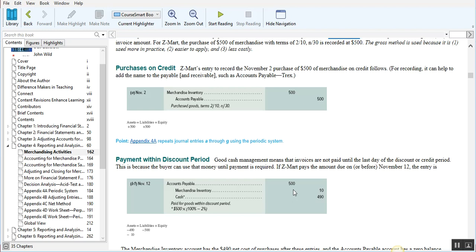We are going to calculate the 2% discount, and that's going to be a credit to merchandise inventory because that credit, that discount, is a reduction in inventory cost. And then the last credit for the difference will be the cash. That's the payment that we're actually making.